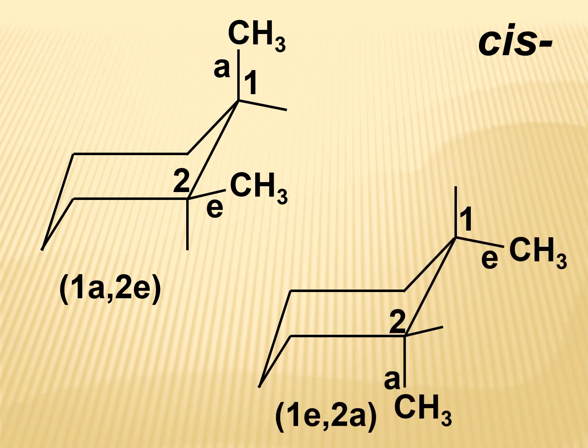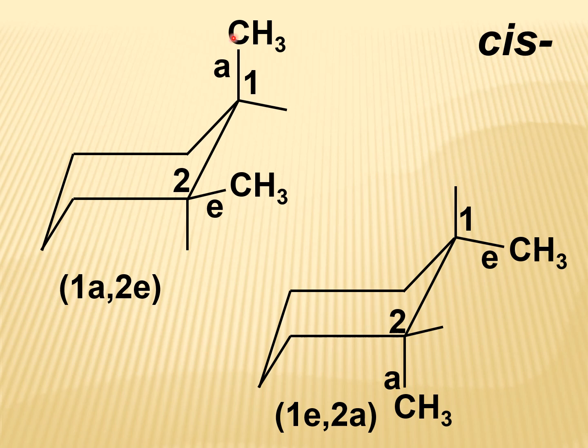In the first case you can see 1A, that is, in the 1 position the methyl group is axial, and in the 2 position it is equatorial. This is the cis 1A2E dimethyl cyclohexane. Whereas in the other isomer you have 1E and 2A, cis 1E2A dimethyl cyclohexane.